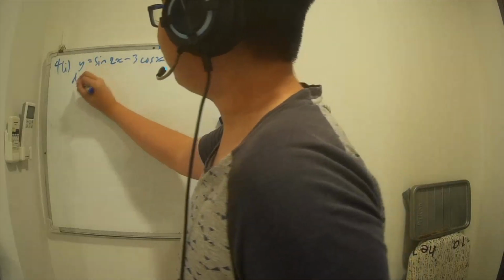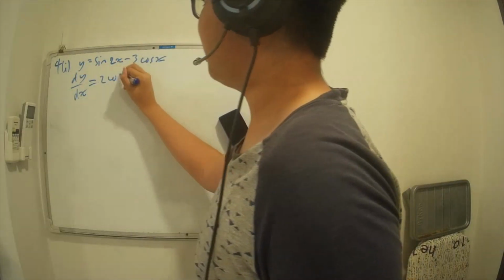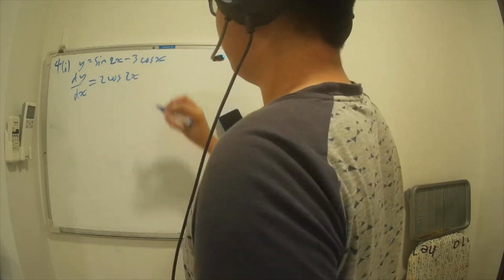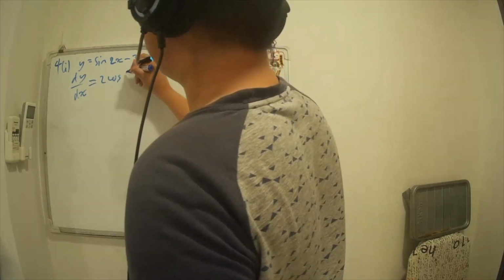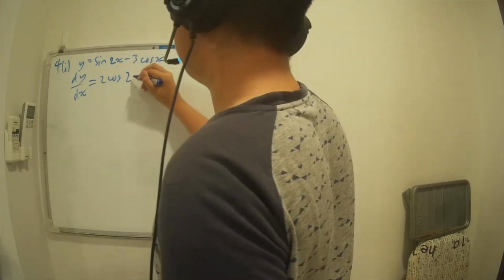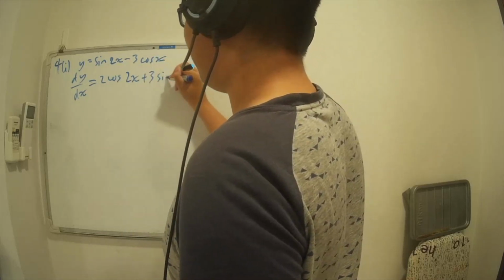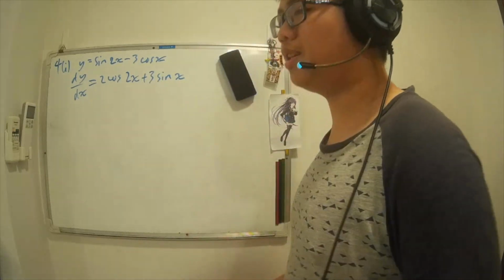So dy dx, this is 2 cosine 2x, then negative cosine will become positive sine. So 3 sine x, then we just sub x is equal to pi over 6, right?